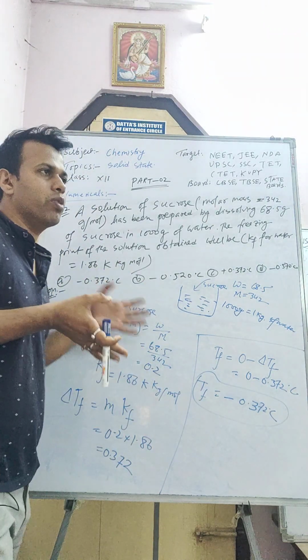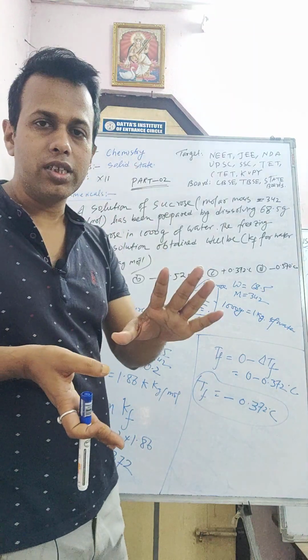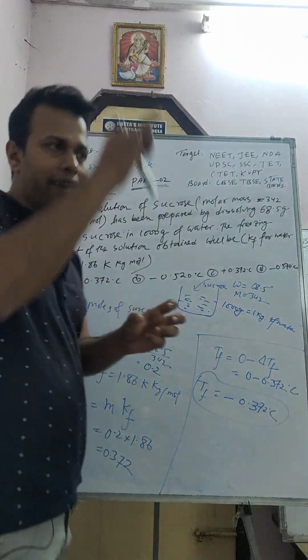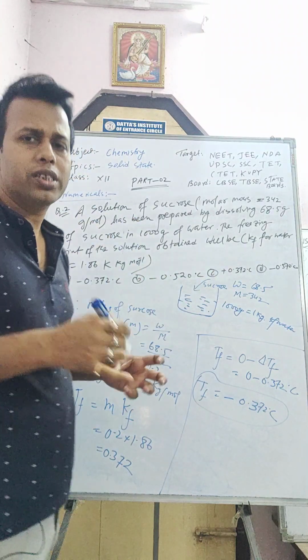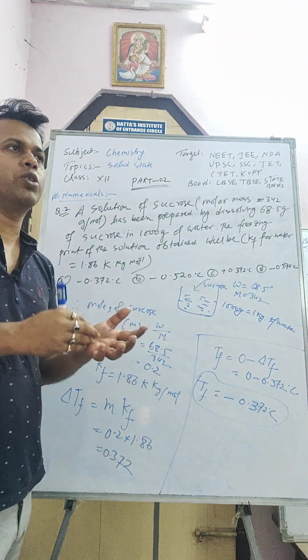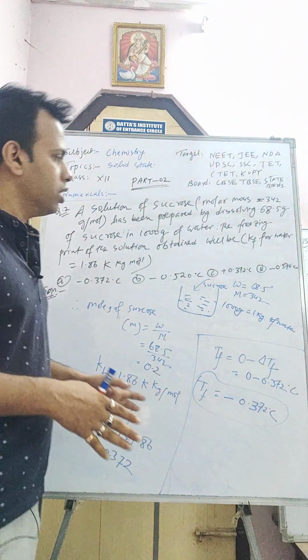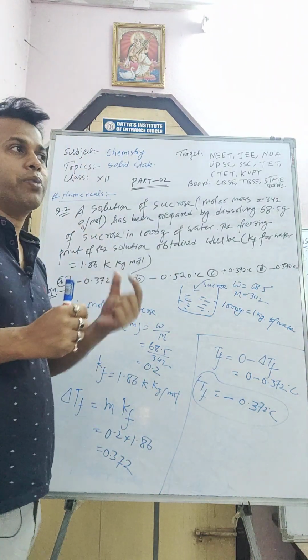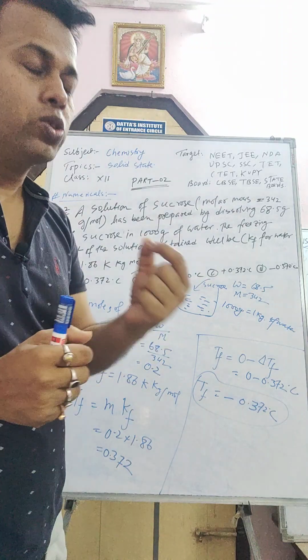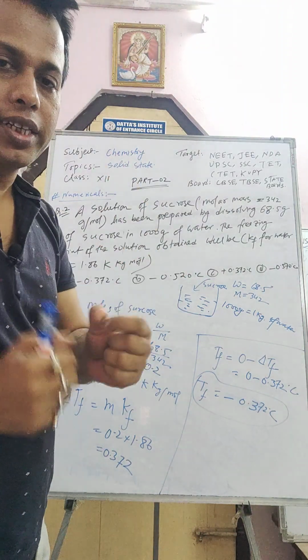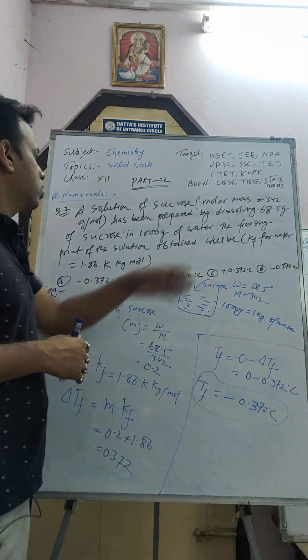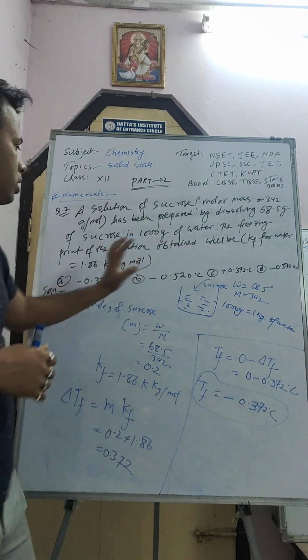We know that the freezing point of water is 0 degrees C. If you mix impurities in water, then the freezing point will automatically decrease to negative. So we have to find out by what value the freezing point decreases, that is, the freezing point of the solution obtained.